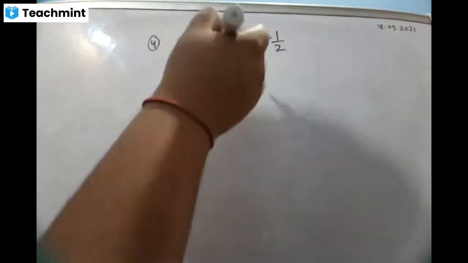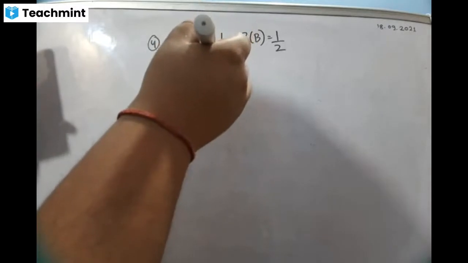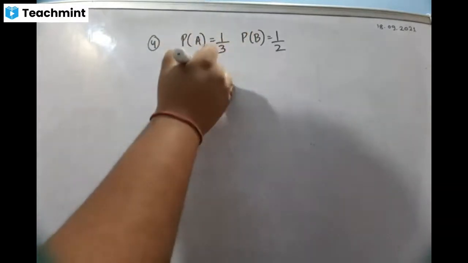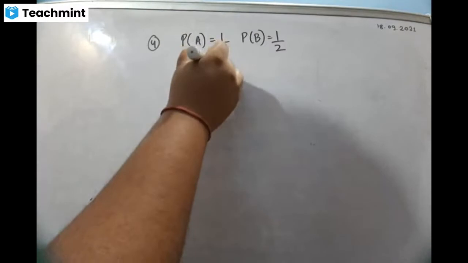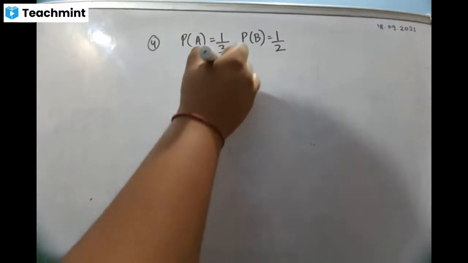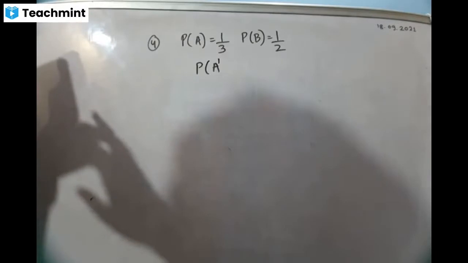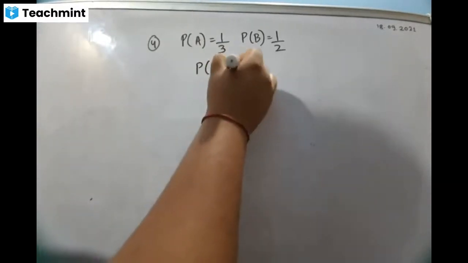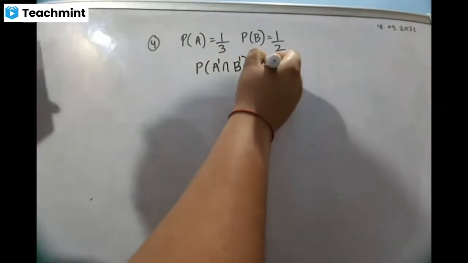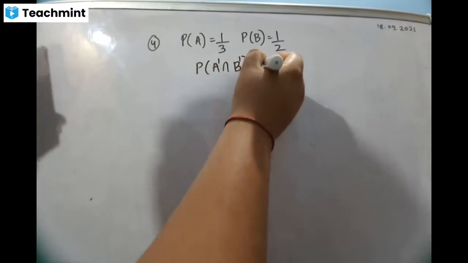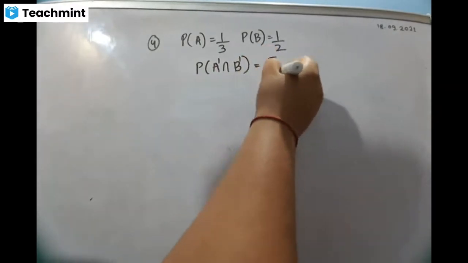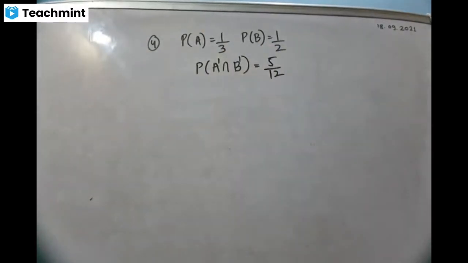Not A and not B. Look at the board, everyone. Probability of not A means A dash, not A, and means intersection, not B, B dash. This is given to be 5 by 12.